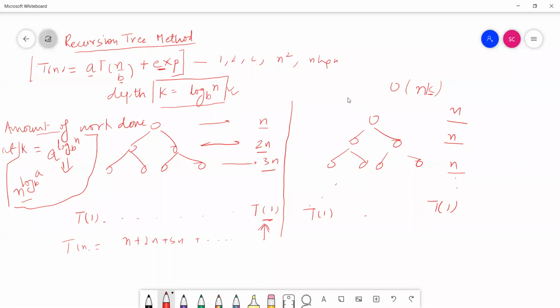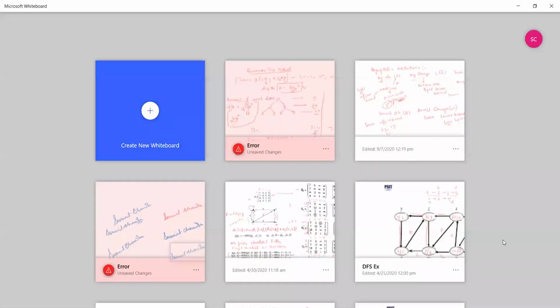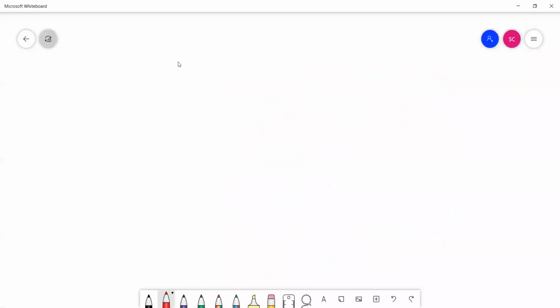Yes, sir. Okay. So we'll take an example and then I will explain in more detail. So a simple example, first we are taking Tn is equal to 2T n by 2 plus c.